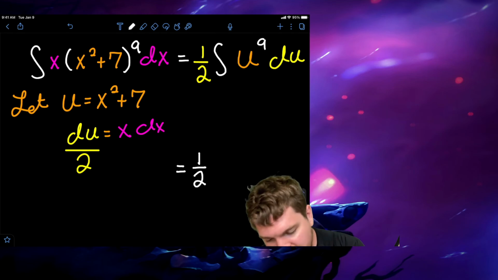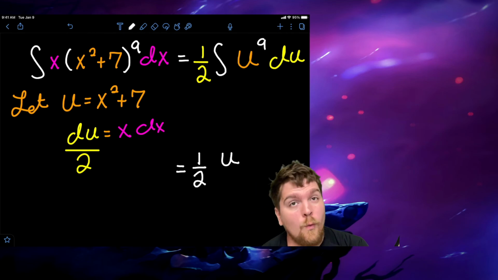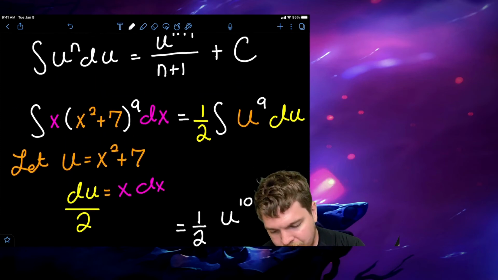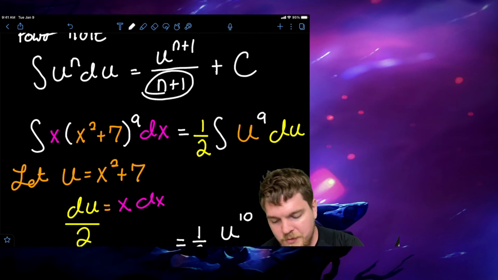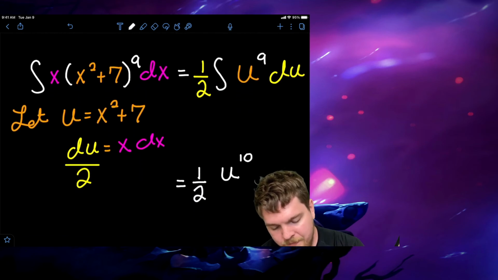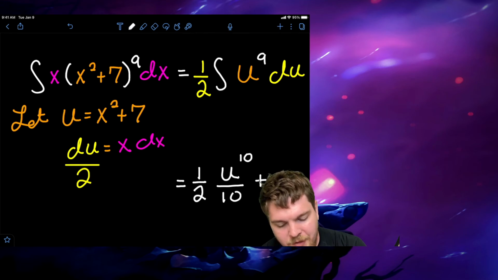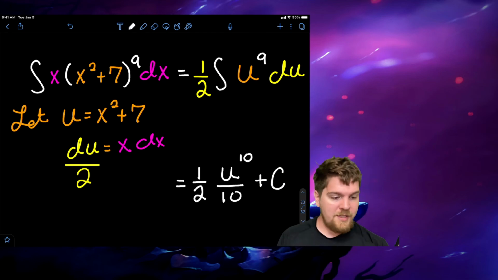If we integrate u, well, u comes along for the ride. We add 1 to the exponent, so if I add 1 to 9, that leaves me with a 10. I also divide by the new exponent, so I'm going to also divide by 10. And now, since I'm doing an indefinite integral, I need to include my constant of integration, plus c.